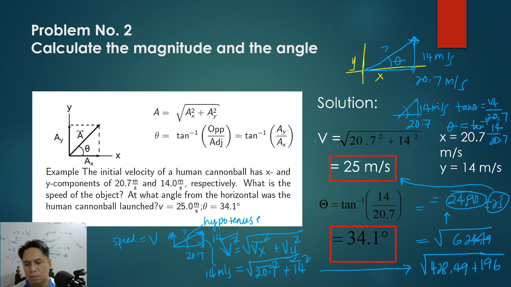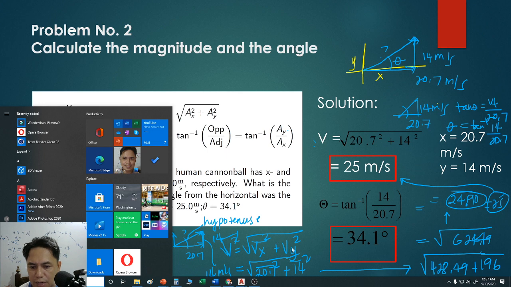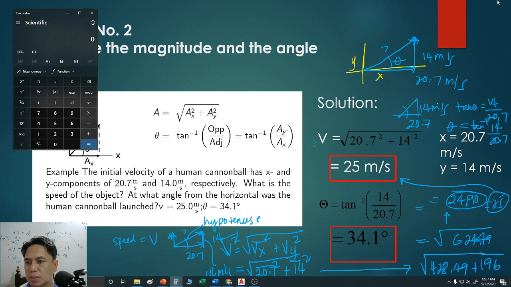Let me use the calculator: 14, the y-axis component, divided by 20.7 equals 0.67632.